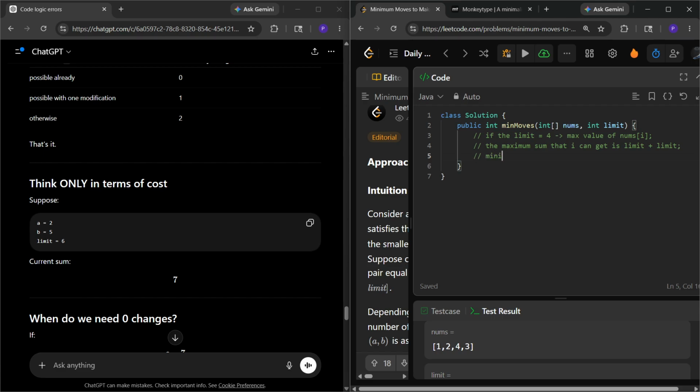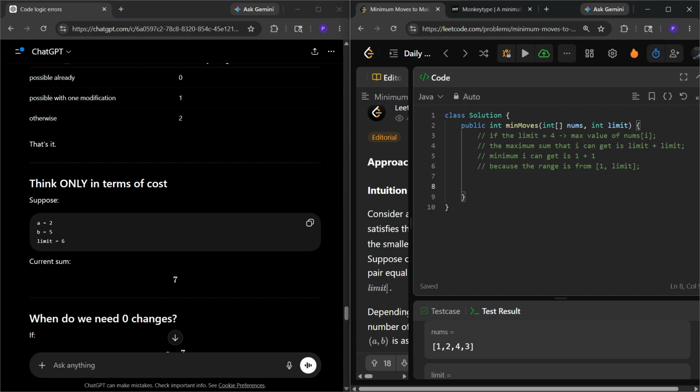The minimum I can get is 1 plus 1 because the range is from 1 to limit. That makes sense.